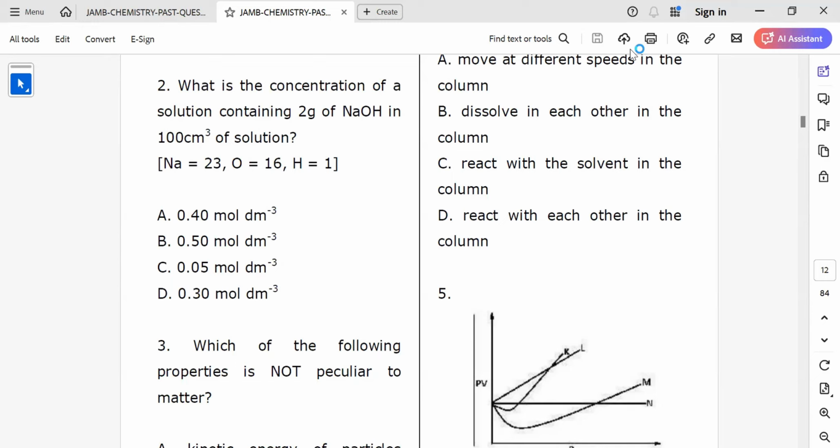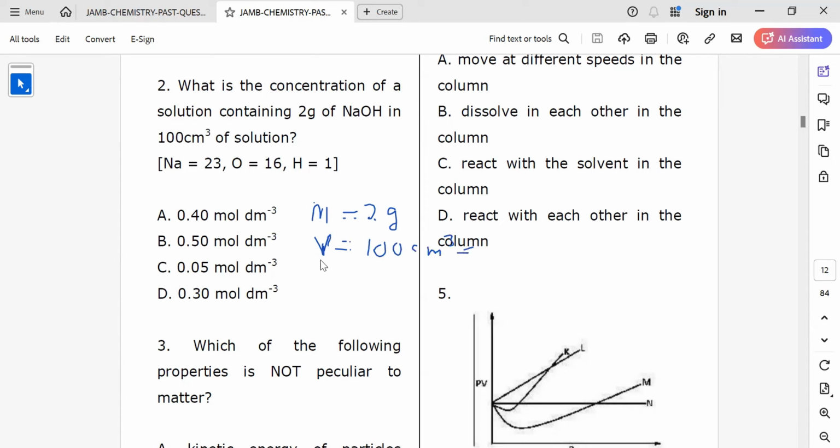Number one, we have mass. The mass is given as 2 grams. And then we have volume, and the volume is also given. The volume given is 100 centimeter cube.